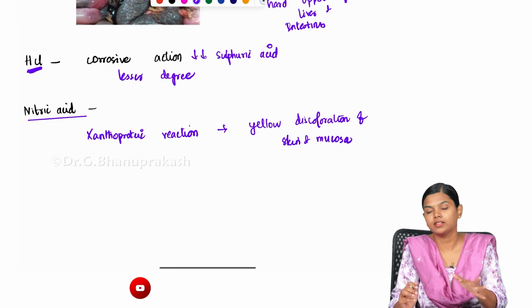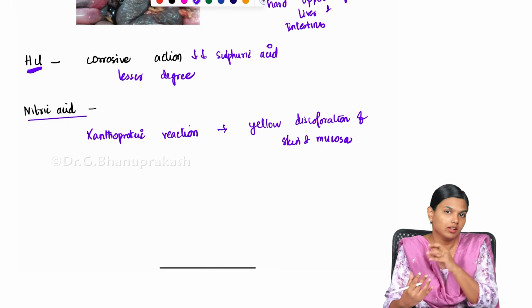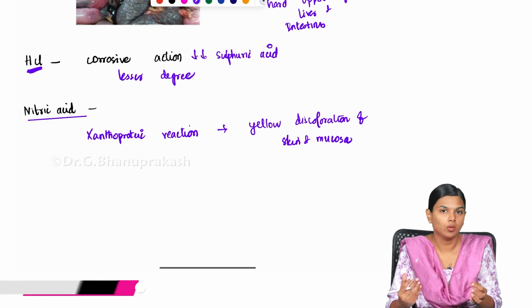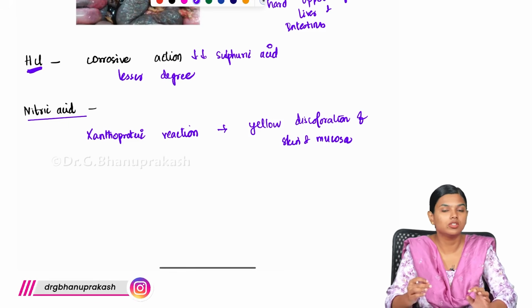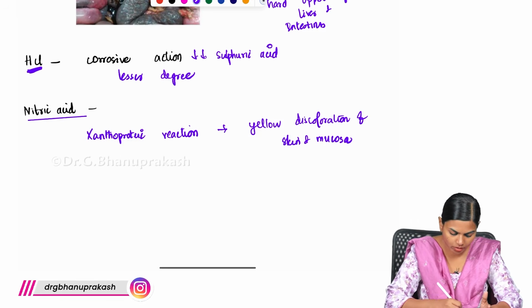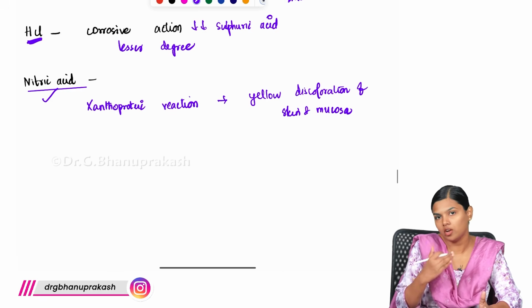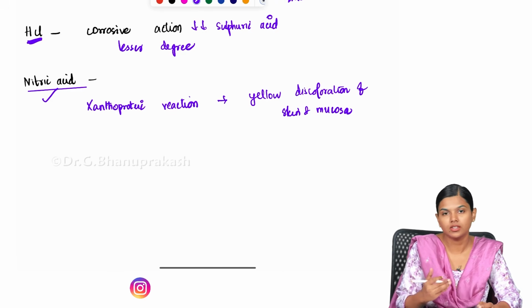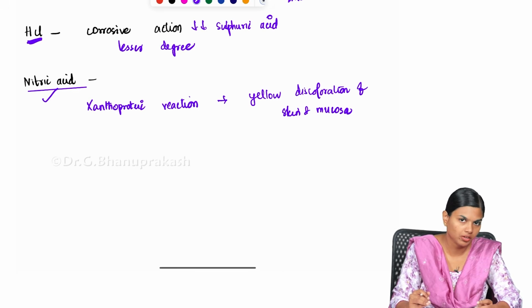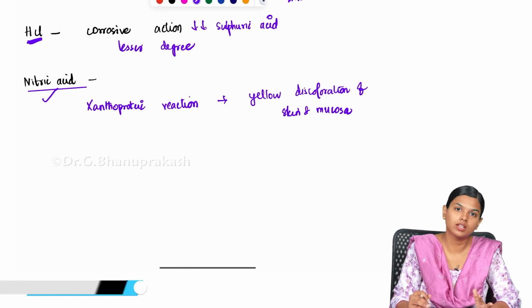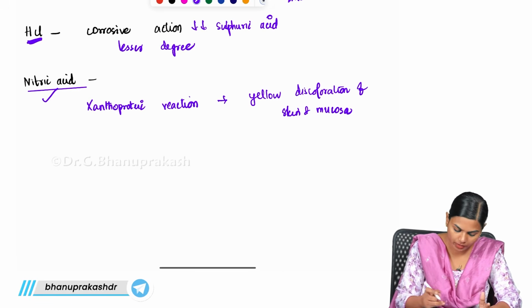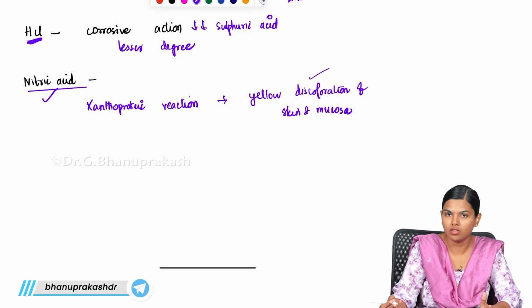So everything that comes in contact with this nitric acid will become yellow. That is because tyrosine will be converted. So this nitric acid will lead to xanthoproteic reaction, which will lead to yellowish discoloration of all the skin, mucosa, and all the structures it comes in contact with. So this yellowish discoloration will be striking. In postmortem, you will be able to appreciate this yellow discoloration.